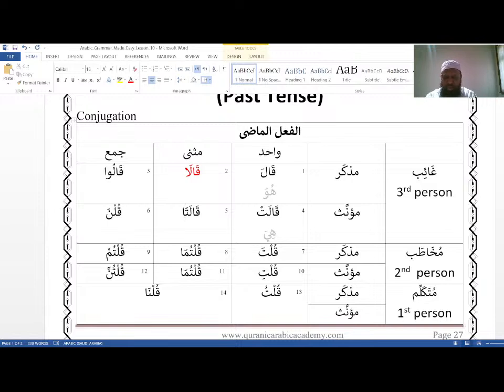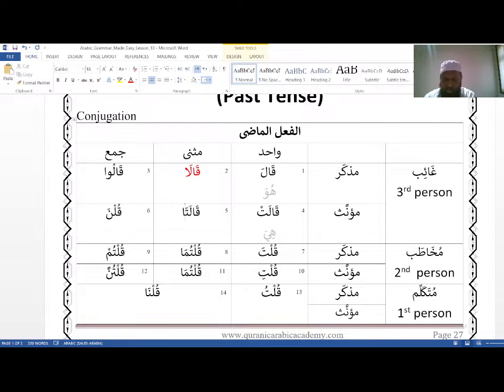So any fail we see with the middle letter alif, those types of fails are called ajwaf. This alif either was changed from waw or ya, and apply some rules. We'll get to these sigas. Let's take another fail, kana.